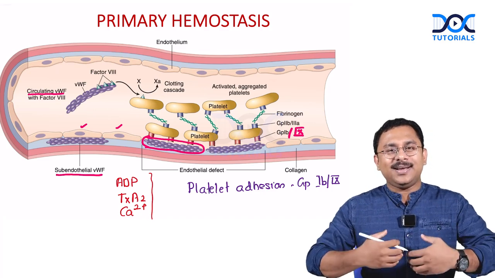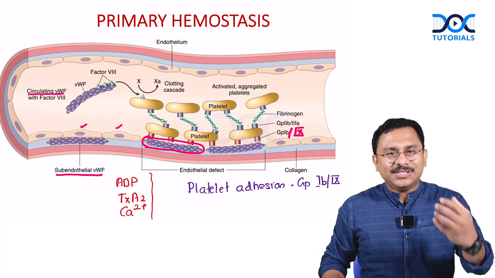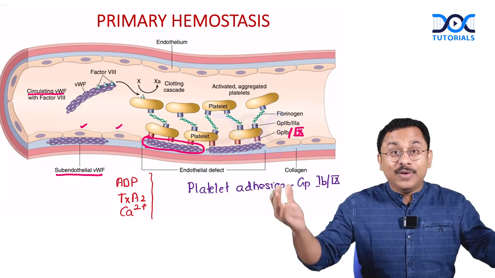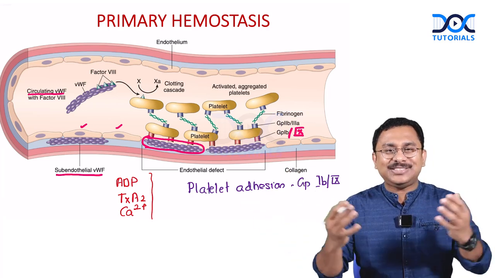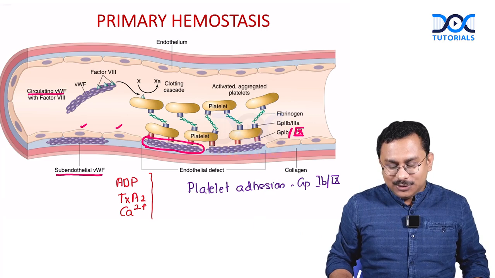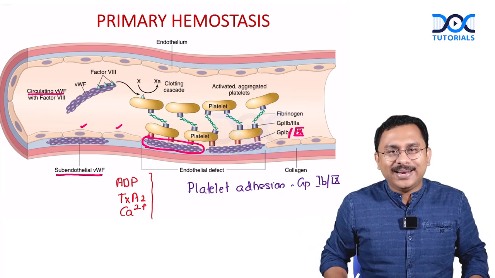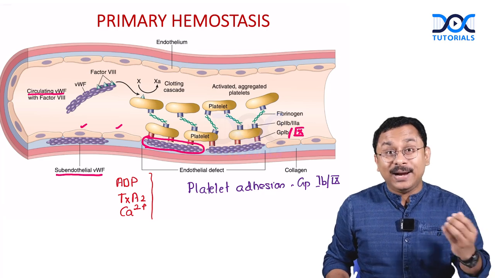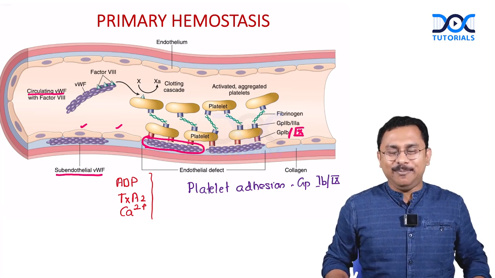The release of these chemicals like ADP and thromboxane A2 will invite other platelets to the site. So other platelets also get attracted to the site and you will have platelet aggregation now happening.